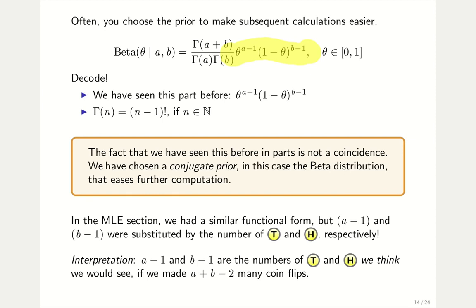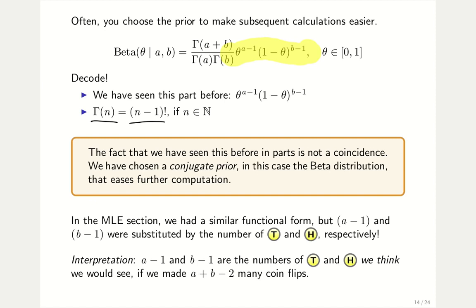So the connection is that the gamma function evaluated at some natural number n is actually the same as the factorial of n-1. The difference is that you can also evaluate the gamma function at values between integers. So the gamma function of 1.5 is well defined, whereas the factorial of 1.5 is not defined.